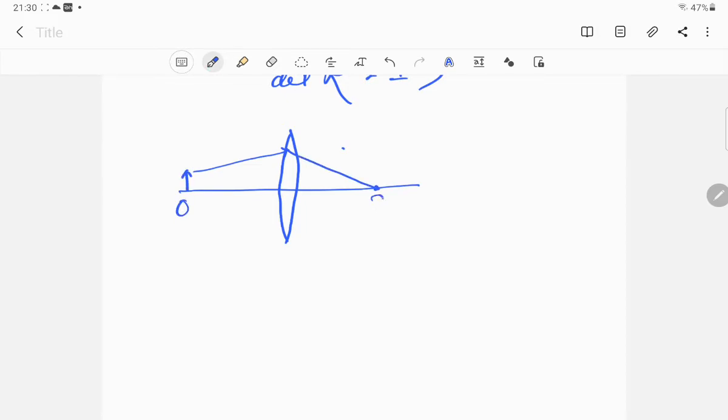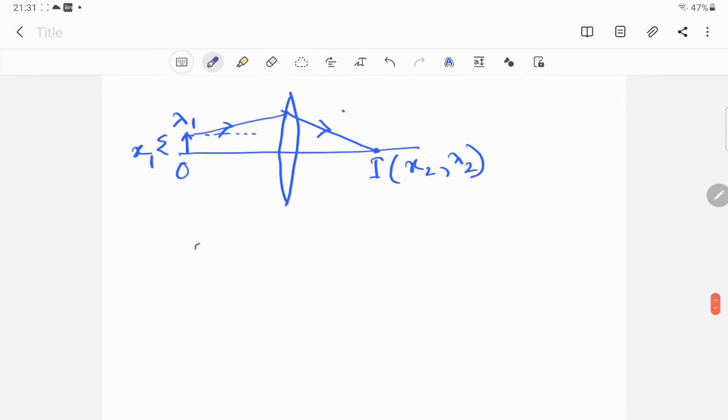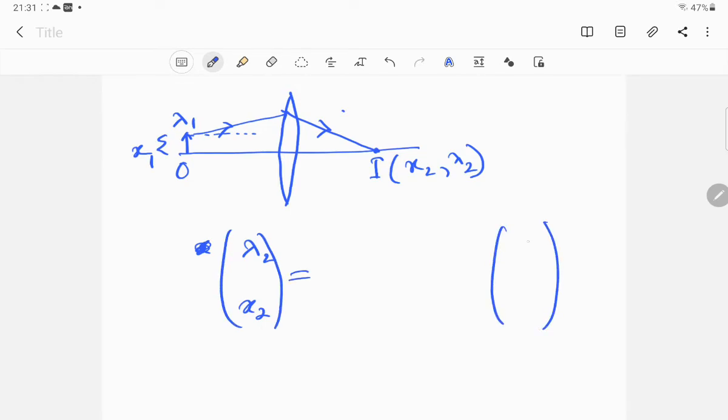The object is at a height x1 and the angle made with the parallel is lambda 1. The image is at a height x2 and the angle made with the parallel is lambda 2. So it is lambda 2 x2 here, and lambda 1 x1 there.